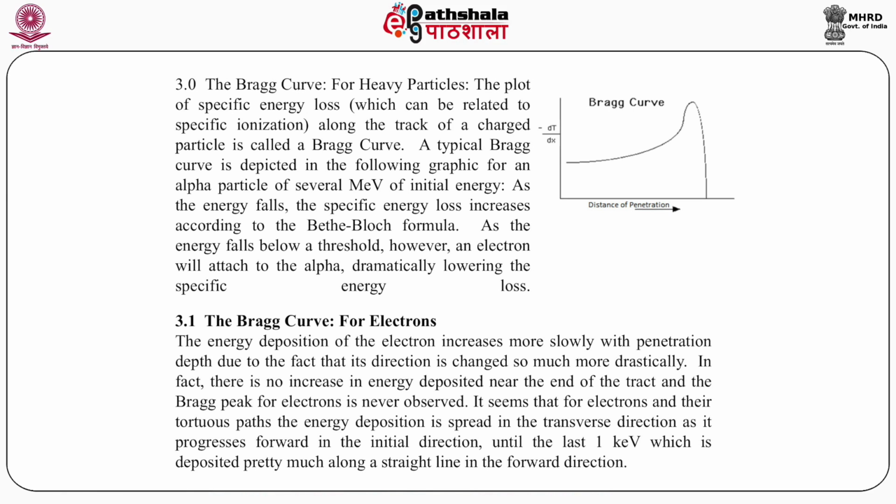It seems that for electrons and their tortuous path, the energy deposition is spread in the transverse direction as it progresses forward in the initial direction until the last 1 keV, which is deposited pretty much along a straight line in the forward direction.